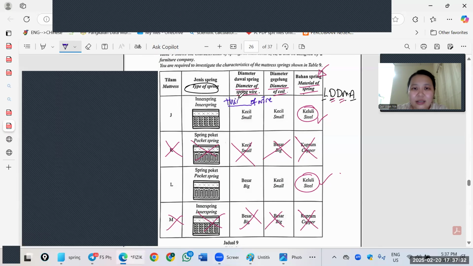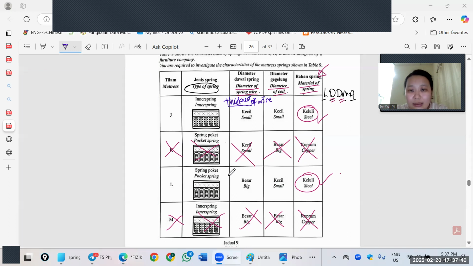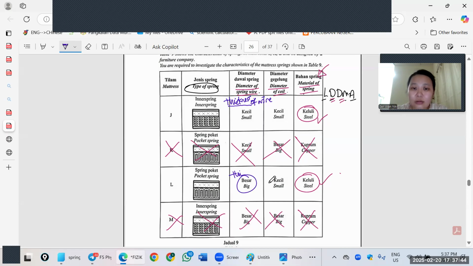Yeah, thickness of wire. Okay, thickness. So thickness should be bigger lah, so that it is thicker. So the answer is L lah.